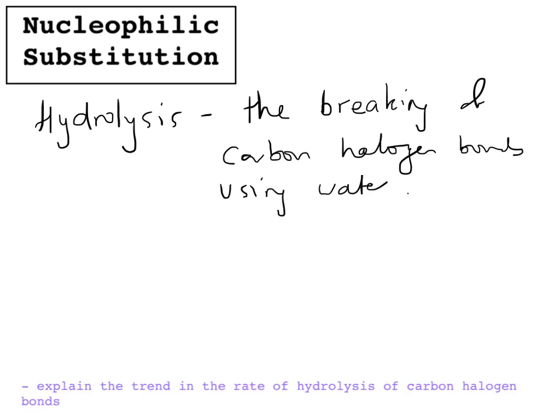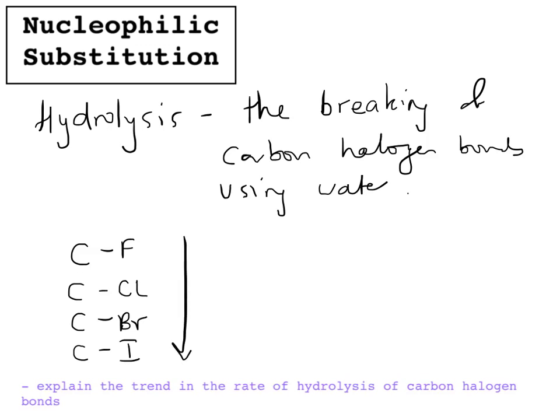And you'll find that as you go down the group of halogens, these hydrolysis reactions get quicker and quicker. So as you go down, you get quicker hydrolysis reactions.